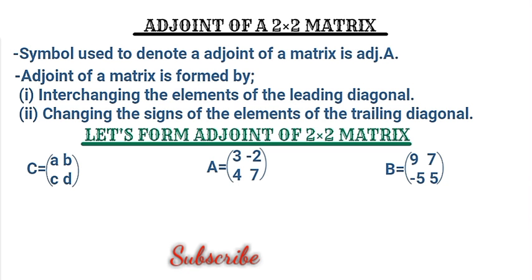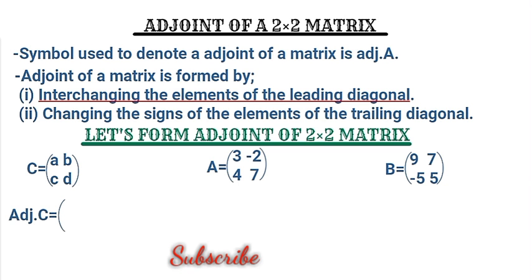Let's start with the first matrix, matrix C, which is A, B, C, D. Those are the elements of matrix C. The first thing I'm going to do is write the adjoint of matrix C, which is equal to, and open a bracket. Then I go to the first instruction, the one I've underlined in red, which is interchanging the elements of the leading diagonal.